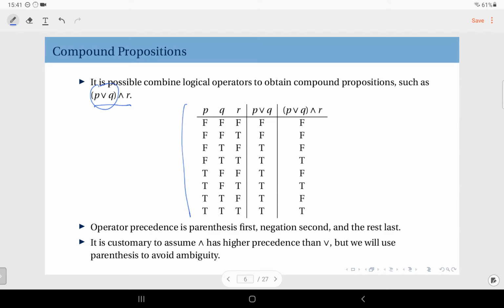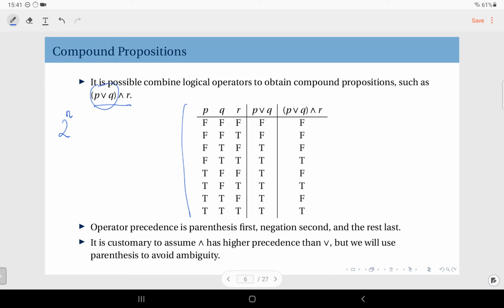When I have just a single input, it's 2, because just true and false. When I have 2 inputs, it's 4. And when I have 3 inputs, it's 8. The number of possible input combinations is 2 to the power n, where n is the number of variables, or inputs.